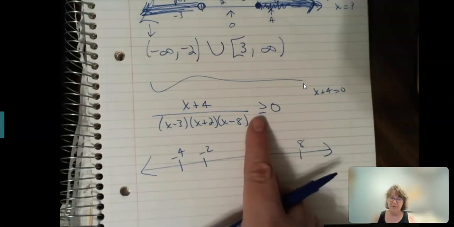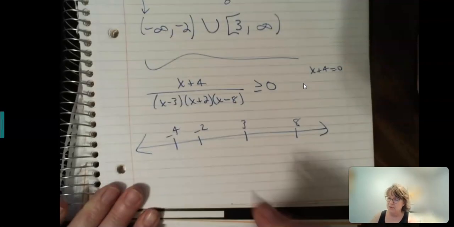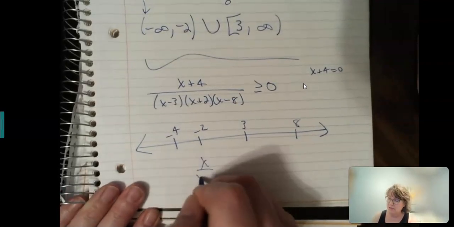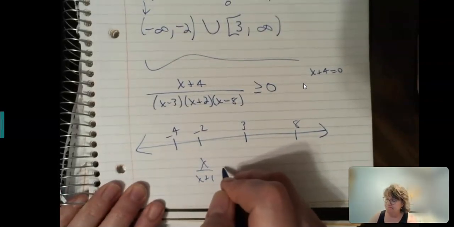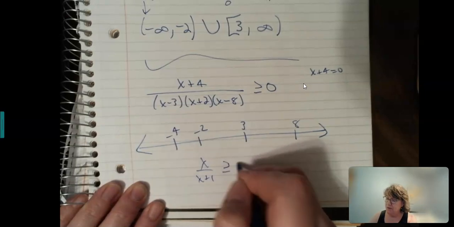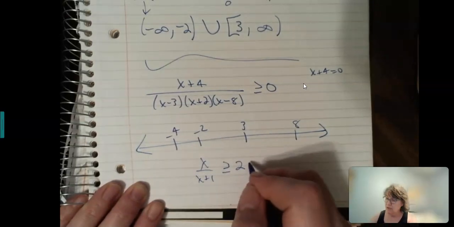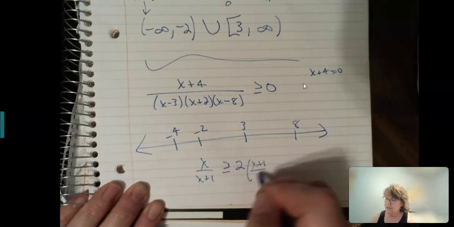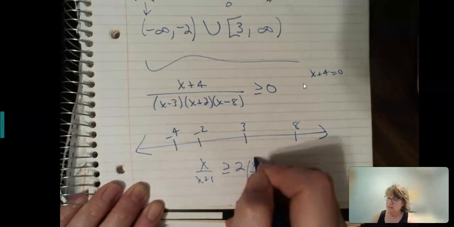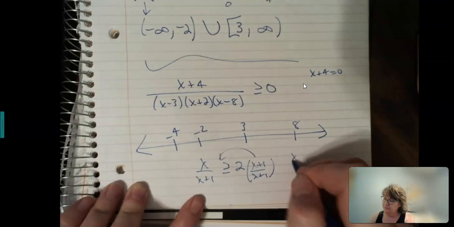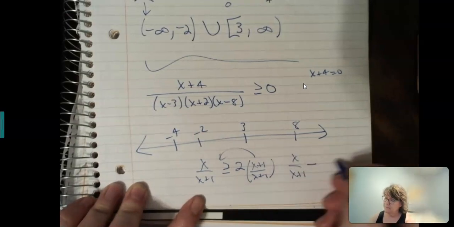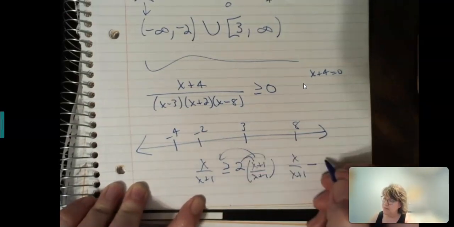If this does not equal 0, you might have to move stuff over and do some of your rational fractions. So if you have something like, I don't know, greater than or equal to 2, you might have to get a common denominator and bring that over. I'm going to distribute that while I'm at it.